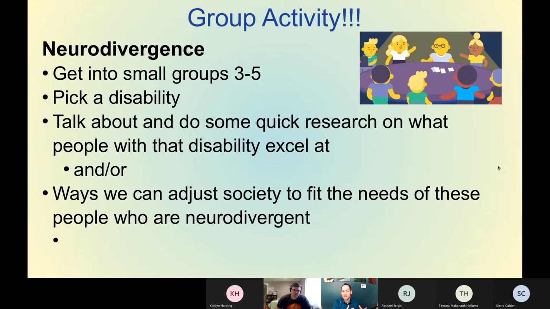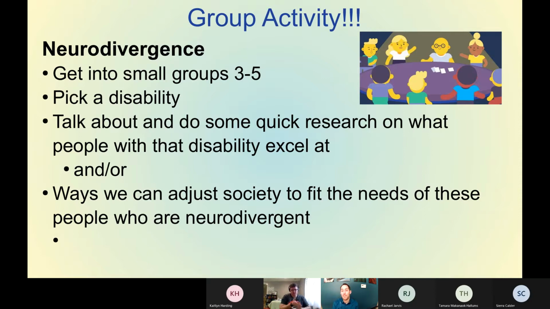So either things that they excel at. We talked about a couple things that people with ADHD might excel at, and a couple things that people with autism might excel at. Or you might look for examples in reports or interviews. So I know, for example, there's quite a few CEOs, like higher than average, who actually have dyslexia.